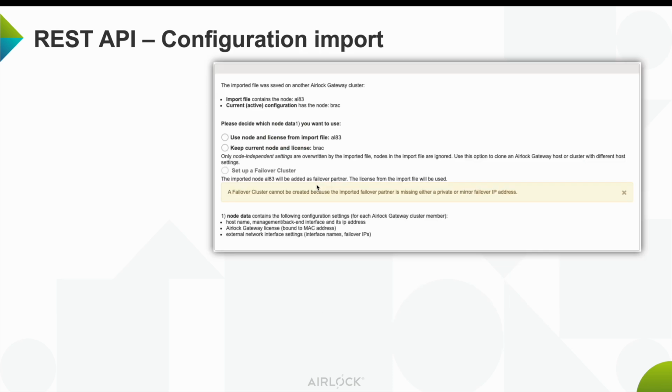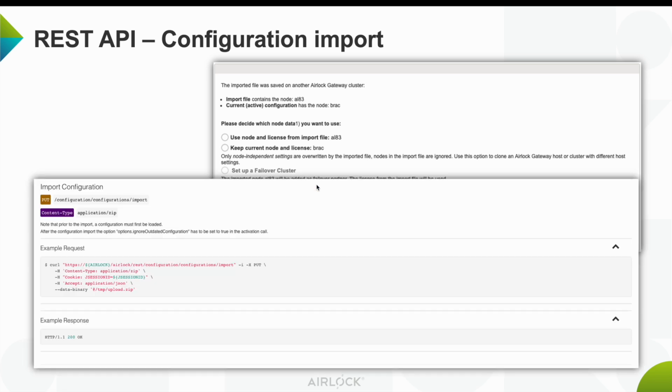The following screenshots show the wizard in the configuration center, which is started after the configuration import. The same options are now available over REST API when importing a configuration.